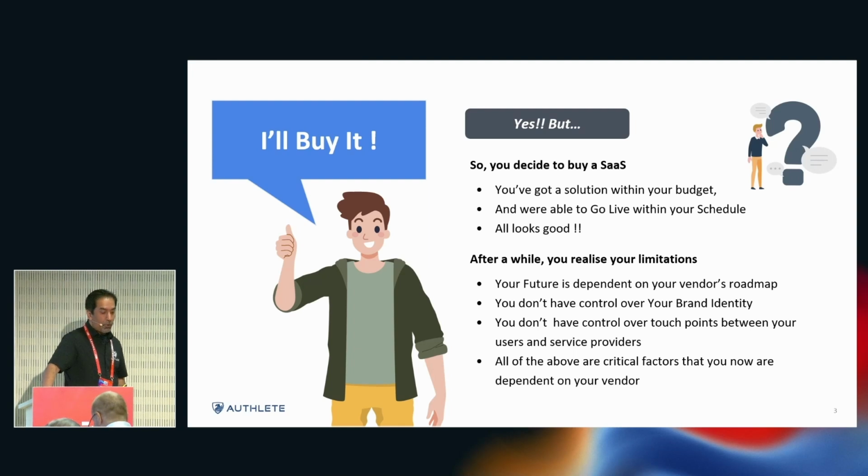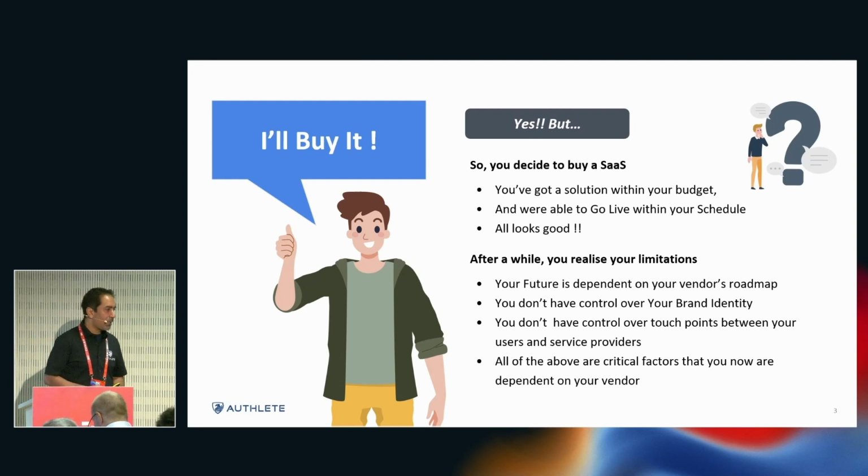You don't have control over your brand identity. When you're talking about your authorization server, your vendor obviously hosts it. It's a managed service, and it's very convenient because they manage the whole thing. But what really happens is that when your users access your service, you're sending them over to your vendor's domain, even for a split second, because they're obviously managing all the access token management.